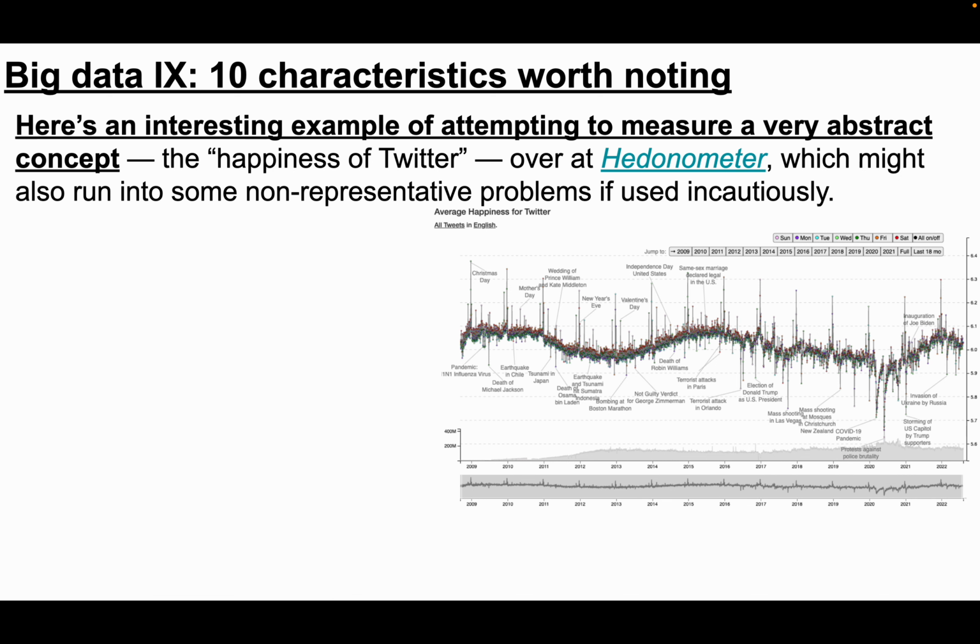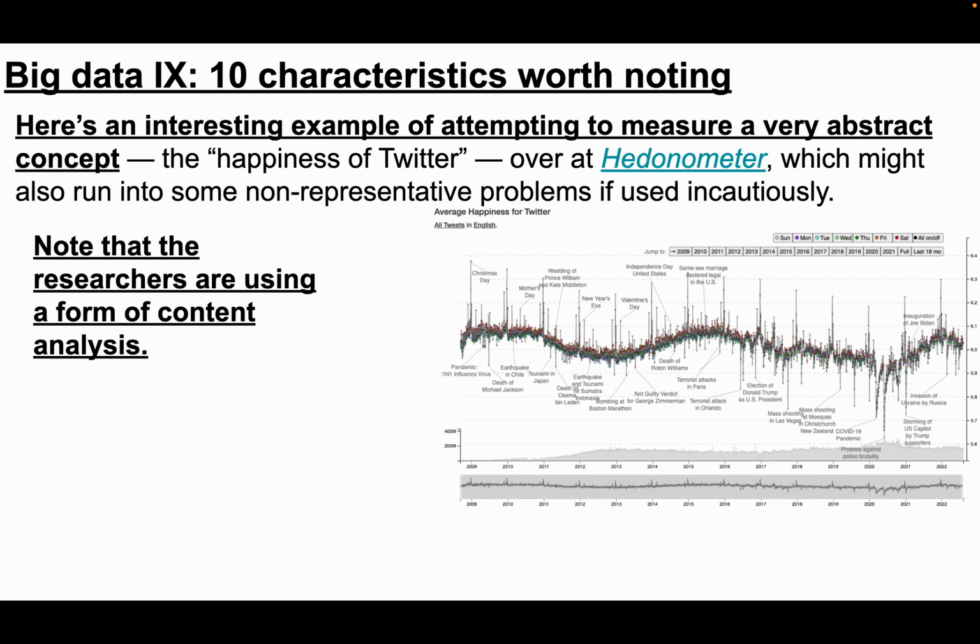It's a really interesting attempt to do some kind of content analysis to study the happiness that people are feeling on different days. You can see this is over a long period of time. But again, if this is not a representative subset of the population, we have to do some pretty serious post-stratification of the data to figure out what this can actually tell us about the happiness of the underlying population at large.